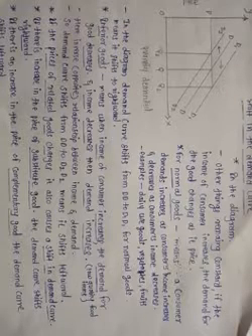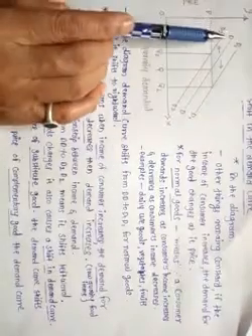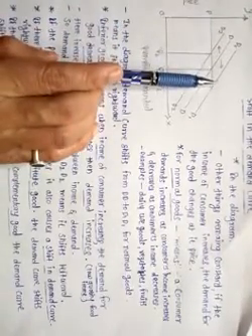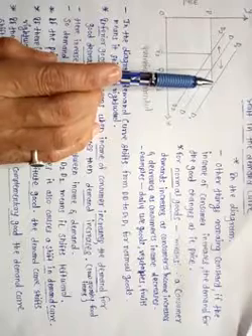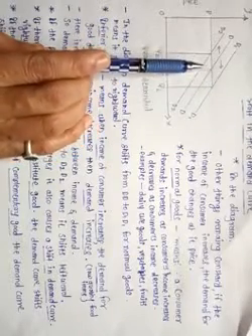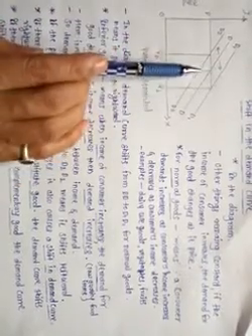The relationship between the price of a good and the demand for its substitute good is positive. When the price of a good increases, the demand for the substitute good also increases. So the demand curve shifts rightward for the substitute good. Why? Because if the price of the good increases, the demand for the substitute good also increases.